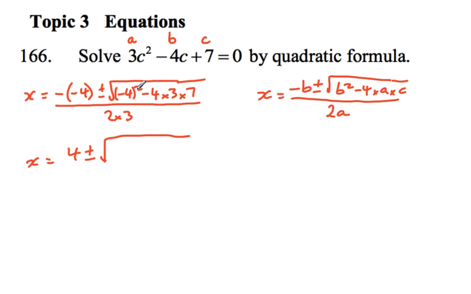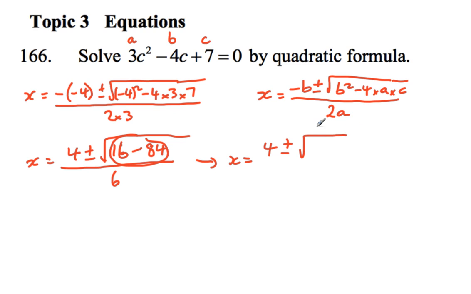Now, minus 4 times minus 4 is 16, minus, now 4 times 3 is 12, times 7 is 84, over 6. Now if you continued that and simplified, we actually get x equals 4 plus or minus the square root of minus 68, is it? Let's have a look.